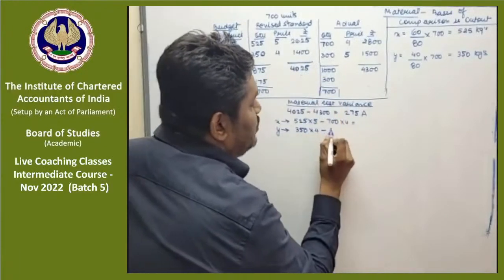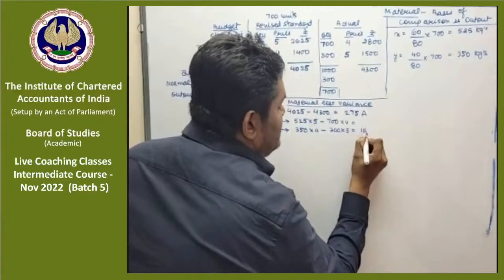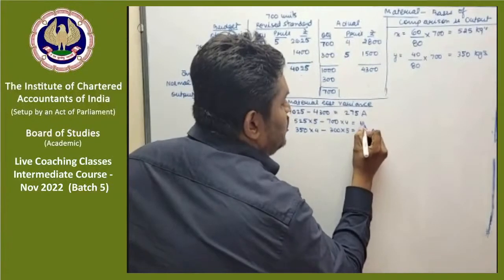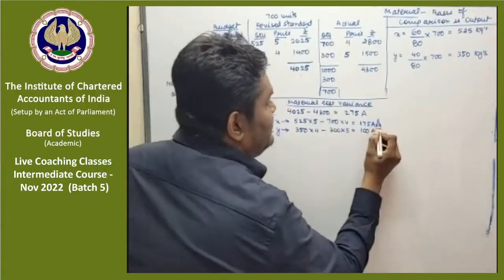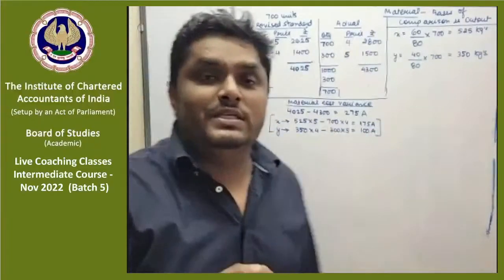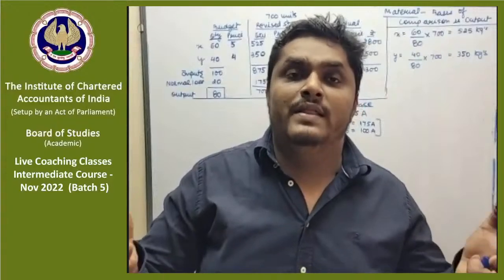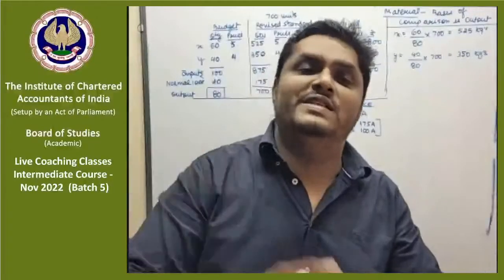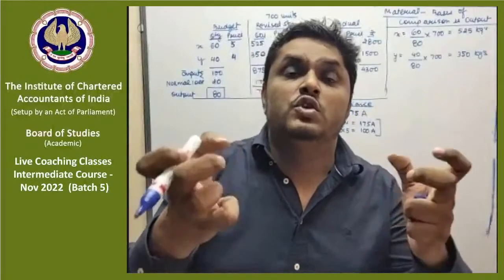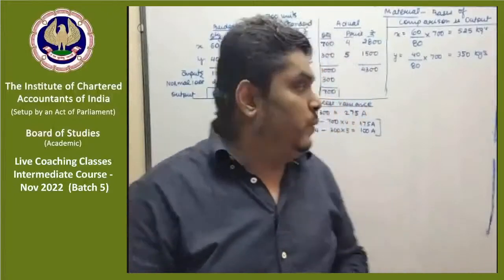How much did we actually use? 300 kgs at the rate 5. So this is 100 adverse and this is 175 adverse, so the total is 275 adverse. This is the overall difference in the cost of material, where the difference in quantity is considered and the difference in price is also considered. This is the overall cost variance, what we call material cost variance.